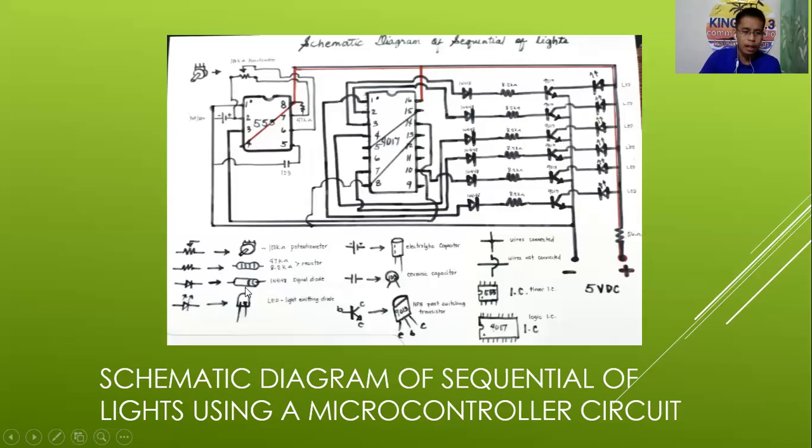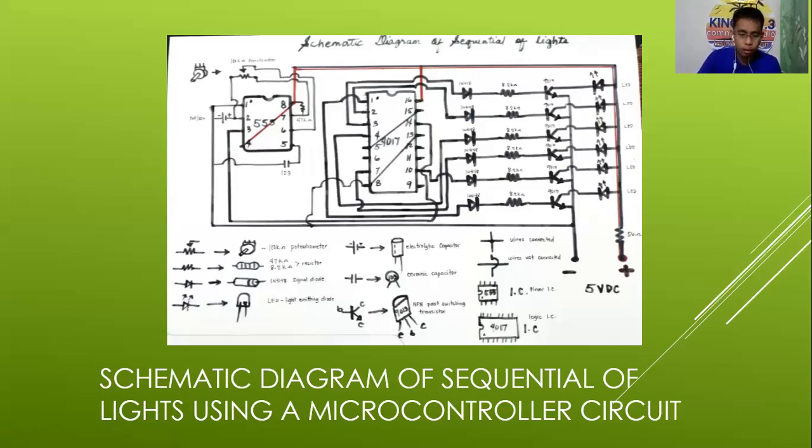Next is a signal diode. So do not be confused about Zener diode and signal diode. So 1N4148 is not a Zener diode, but instead it is a signal diode. 1N4148, and then we have LED. So LED is also a diode.